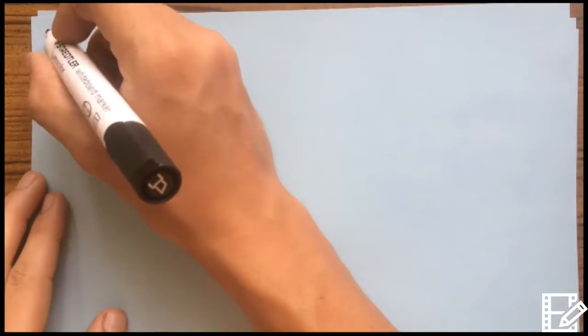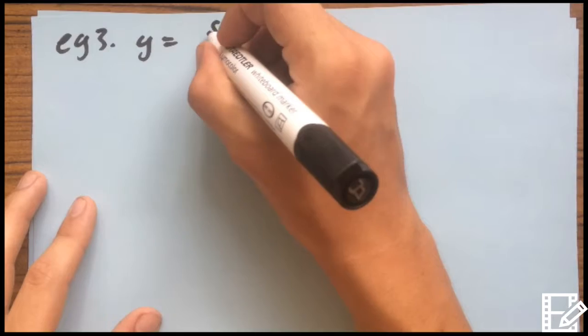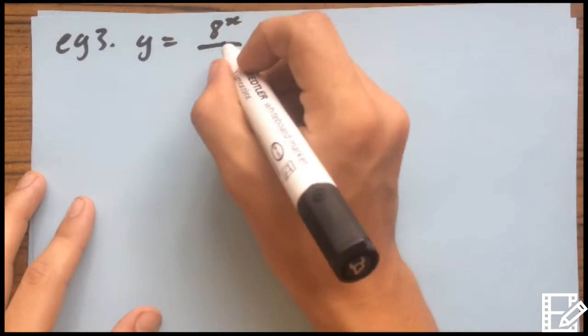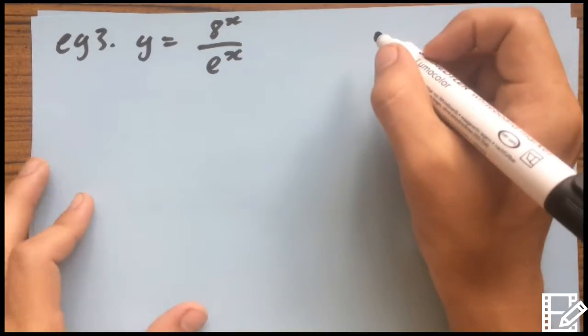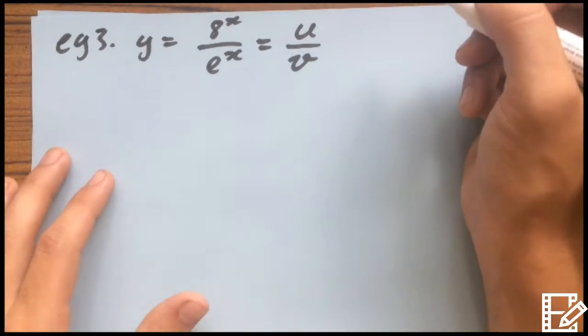For our third example, we have y equals 8 to the power of x over e to the power of x. We have our function over another function.